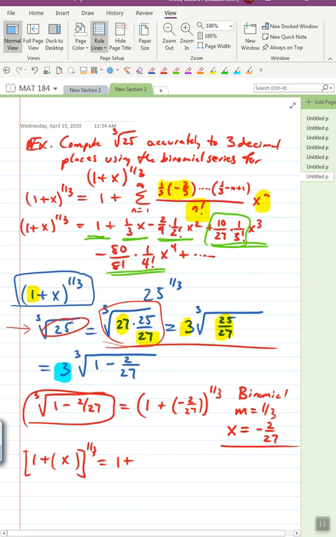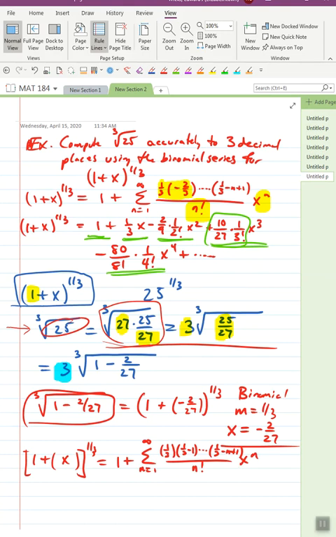It should be 1 plus the sum from n equals 1 to infinity, and then we write out the binomial formula, which would be 1/3 times 1/3 minus 1 down to 1/3 minus n plus 1 over n factorial x to the n.